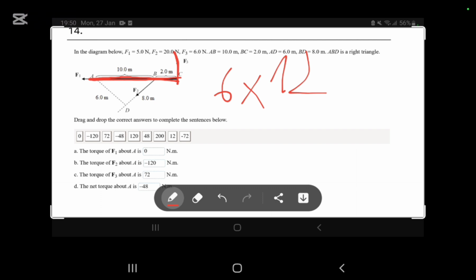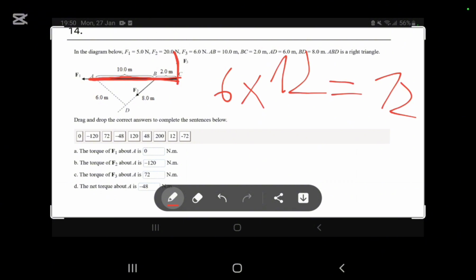We just push the object upwards like this. Let's say this is your object, you're going to move it like this. It's going to move counterclockwise, of course. So we have 72 as the torque of F3.